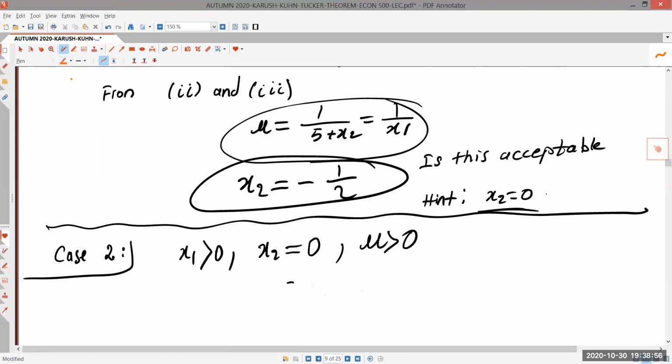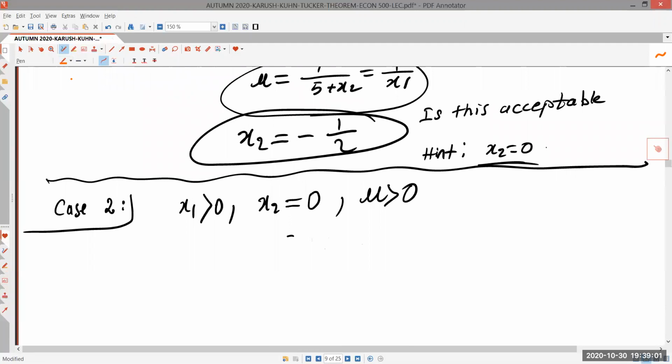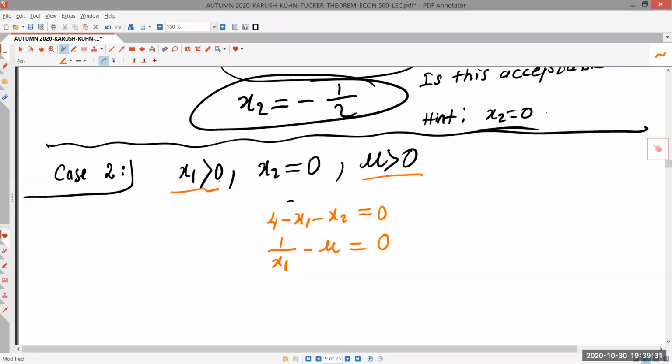Okay. So here what I have is this. Since x2 is equal to 0, let me write these conditions one by one. 4 minus x1 minus x2 should be equal to 0 because mu is greater than 0. And 1 over x1 minus mu should be equal to 0. Why? Because x1 is greater than 0.